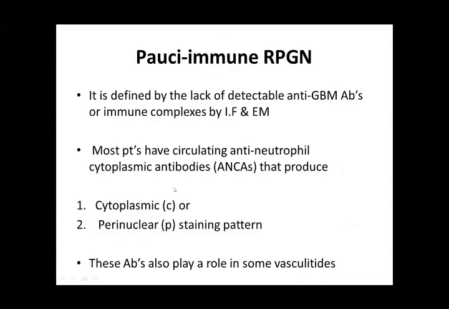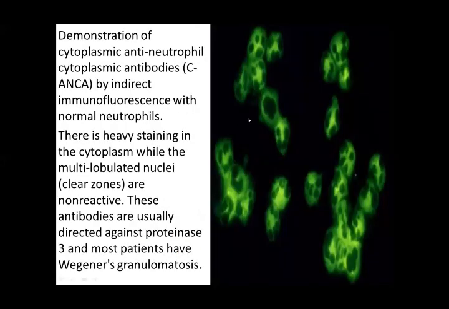Now pauci-immune. We studied pauci-immune because there is no evidence of any immune complex. We can't see any immune complex there. So it could be cytoplasmic or perinuclear staining. What is this one? It is cytoplasmic. Just look at this: the cytoplasm has stained, but the nucleus is spared.